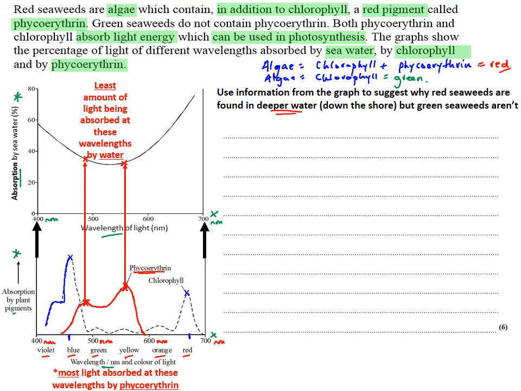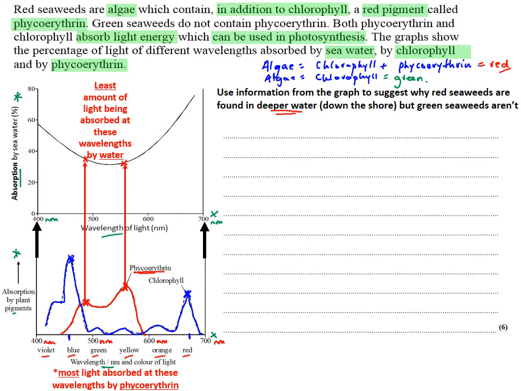So we can see the curve peaks at this point here where the X is, and that shows the most light energy being absorbed is blue light, and then it also peaks, but not quite to the same extent, in the red part of the visible spectrum. So this X shows us there's also light being absorbed in the red part of the spectrum.